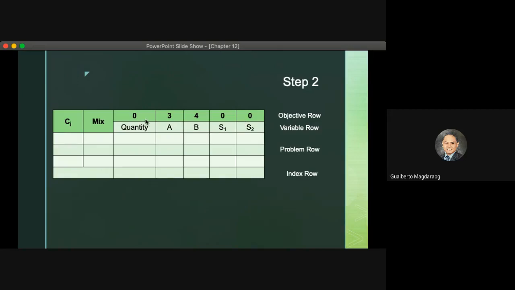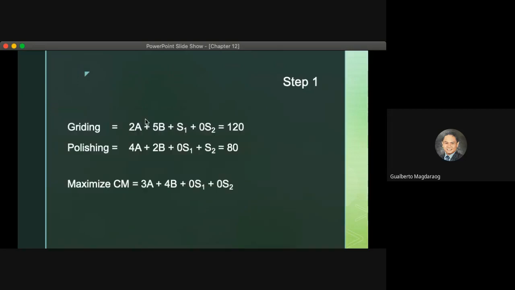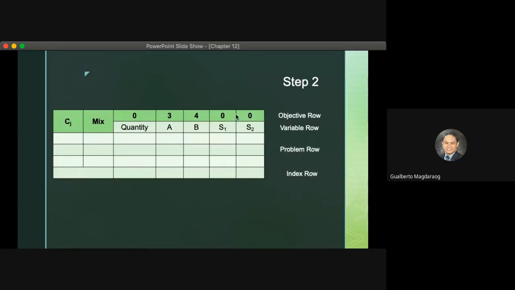Meaning, from our earlier objective, this is it: 3A plus 4B plus 0S1 plus 0S2. So 3, 4, and 0 and 0. We assign 0 for the quantity for the meantime because we do not have the quantity yet.